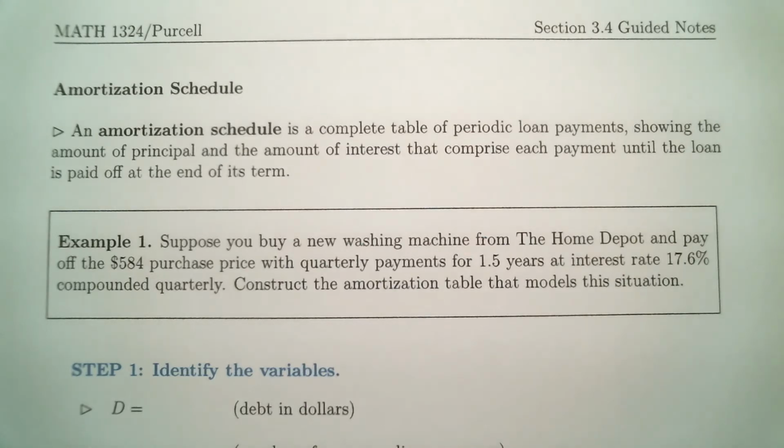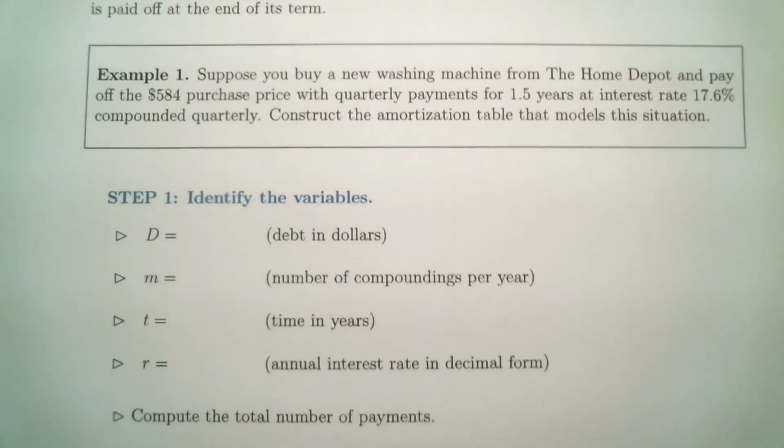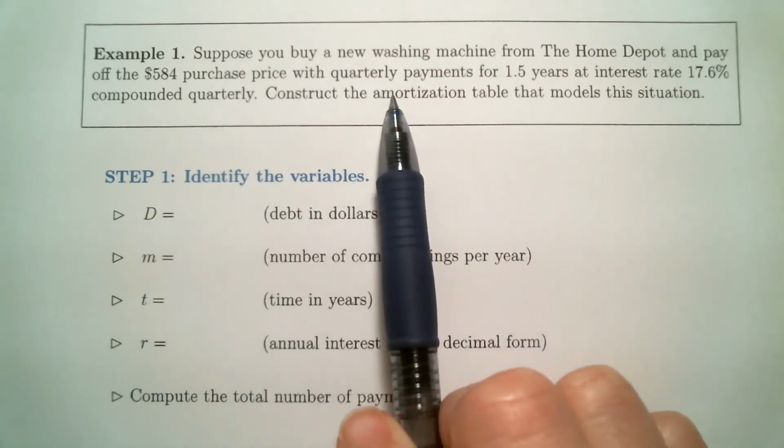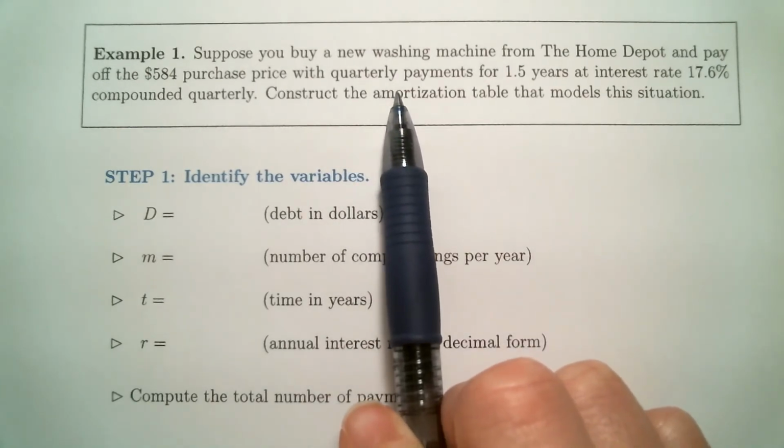So what we're going to do is first identify all the variables involved in the problem. In a minute we are going to calculate the quarterly payment, because if you read the problem, you're not making monthly payments, you're making quarterly payments.